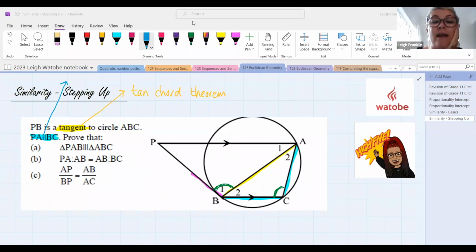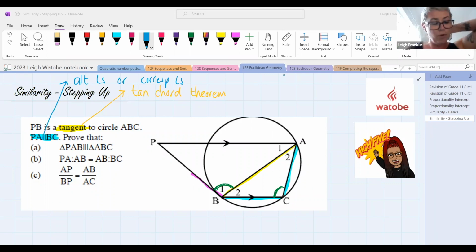Yes, quite right. The angles I'm referring to are alternate angles, or we can also think about corresponding angles, because both of those are equal. Alternate angles are equal and corresponding angles are equal.